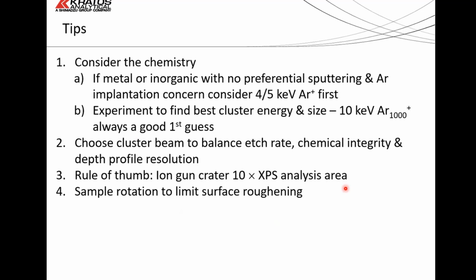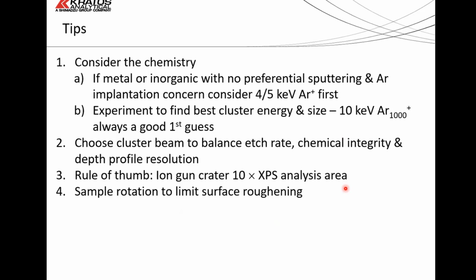But otherwise, if you've got any kind of inorganic or organic polymer, always consider going for the cluster. 10 kV Argon 1000 is our workhorse cluster setting, so it's always good for a first go. Then choose your cluster beams to balance different factors: your etch rate, chemical integrity, and then the depth profile resolution. So depth profile resolution will scale with how much topography and how flat your crater is.